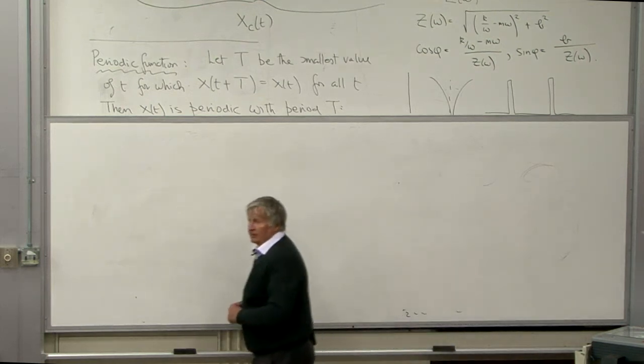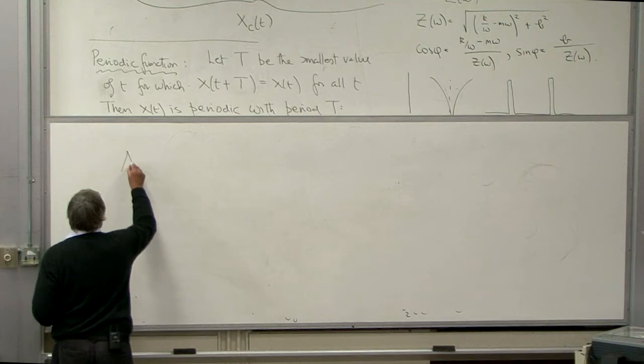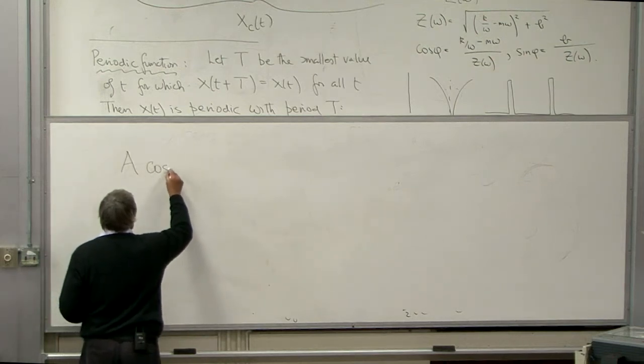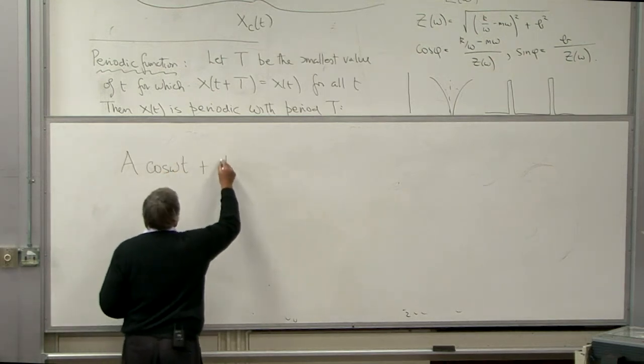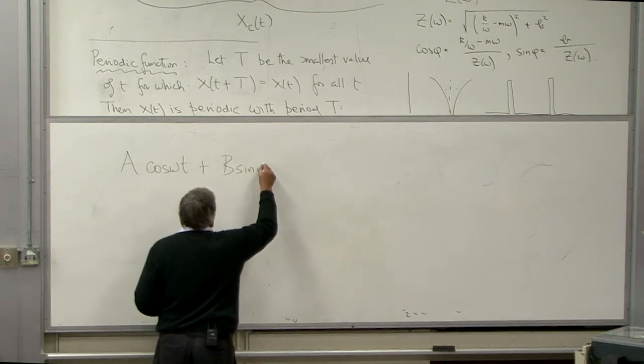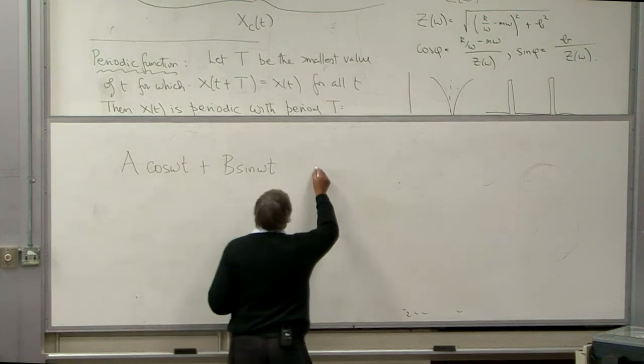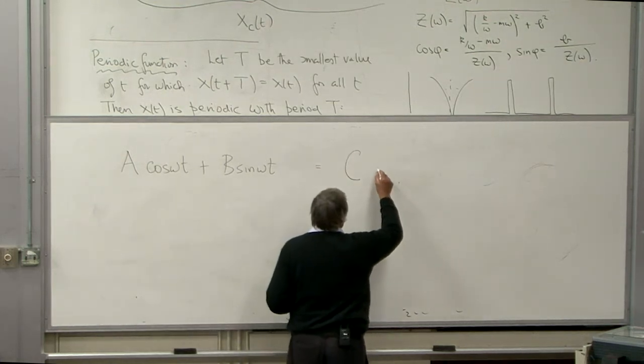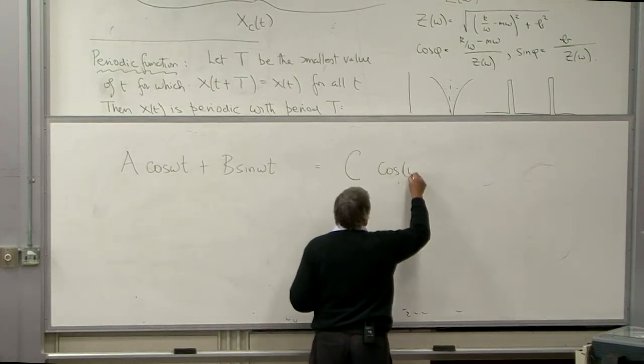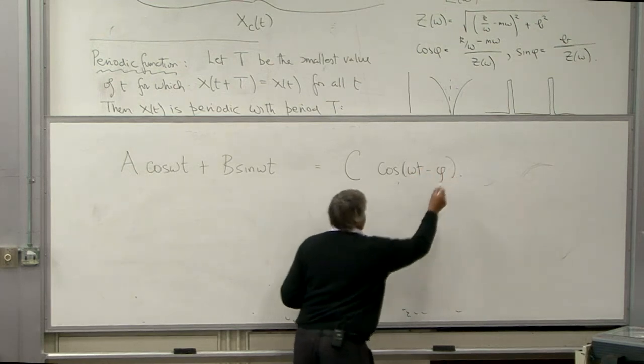All right, so if we want to write something in the form a cos omega t plus b sine omega t, we would like to write it in the form some constant times cos of omega t with a phase lag.